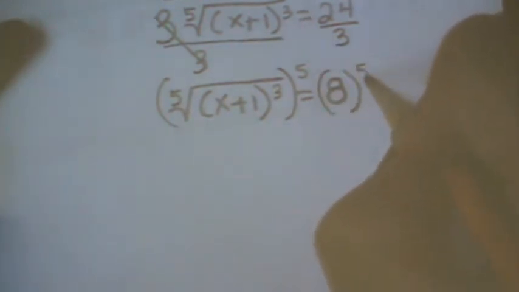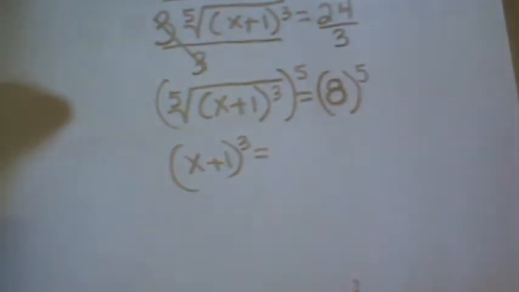So I'm going to raise that to the 5th power. All that raising this to the 5th power is going to give me is what's underneath it, which is x plus 1, that quantity cubed. Now this is a big number, what is 8 to the 5th power?